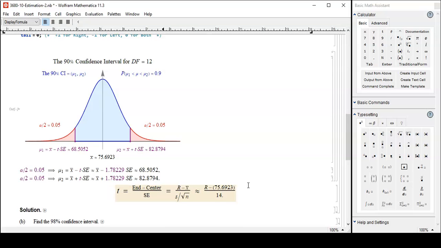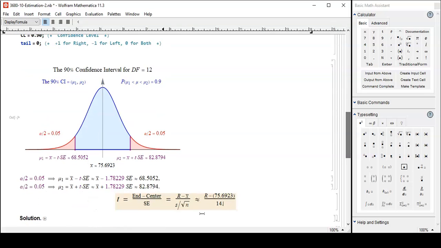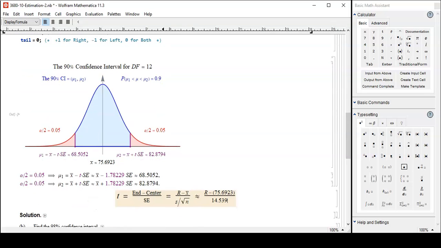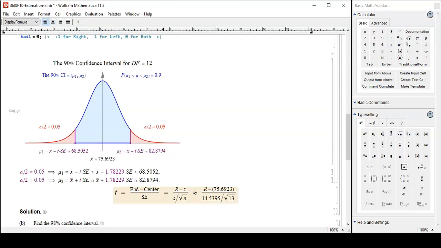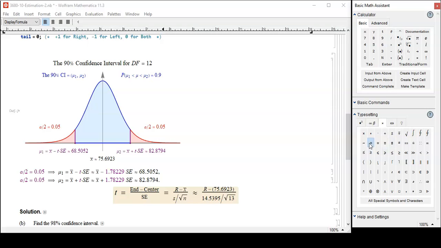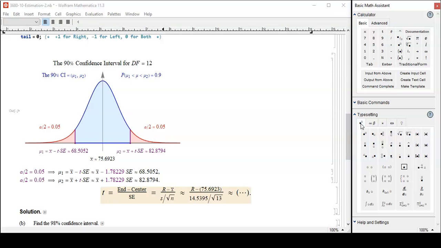S is 14.5395, over square root of 13. And this is your t-score. And if you look up your t-table, you're going to get the appropriate number. And from that, you can solve an equation to find out the R value.